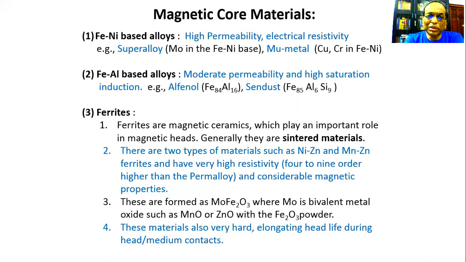There are two types, such as nickel zinc and manganese zinc ferrites, and they have very high resistivity, 4 to 9 orders higher than the permalloy, and considerable magnetic properties. Because these magnetic particles are made into granules, and then a binder is put in, and it is put under very high temperature and pressure, that is the sintering process.